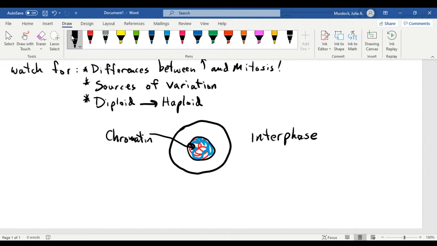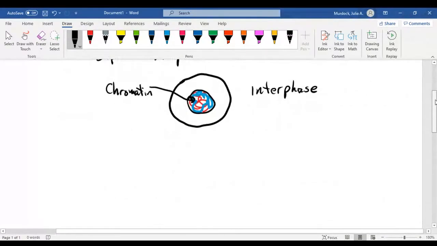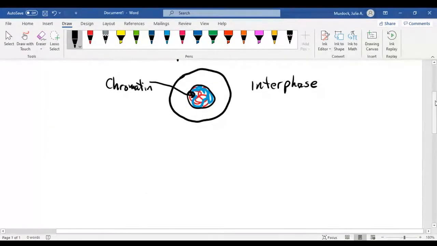So it has DNA that is, let's say the red DNA is from mom and the blue DNA is from dad. So red and blue DNA, and right now it's completely uncoiled. As I start meiosis, you're going to see those chromosomes coming into line and forming X's and going into different places and doing different things.